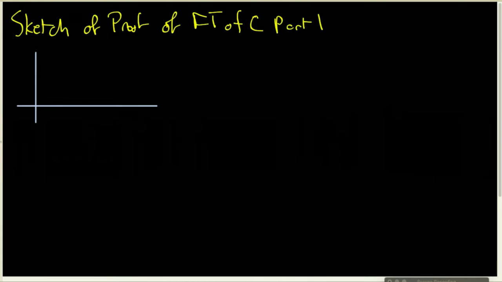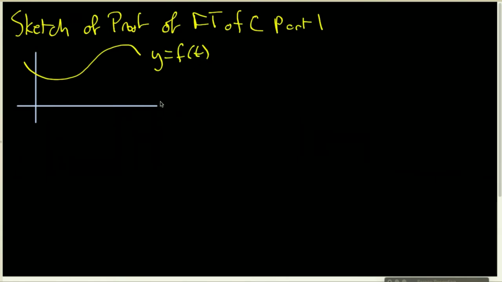So here we have our axes, and here we have our graph. Y is equal to, I'm going to call it f of t, because this is going to be my t-axis, this is going to be the y-axis. I want a starting value for my integral. Let's make it here. So that line is going to be t is equal to a. And now I just want to look at a random x value.